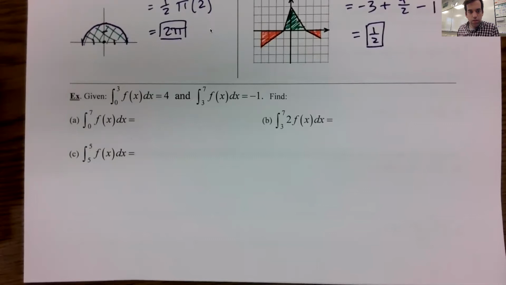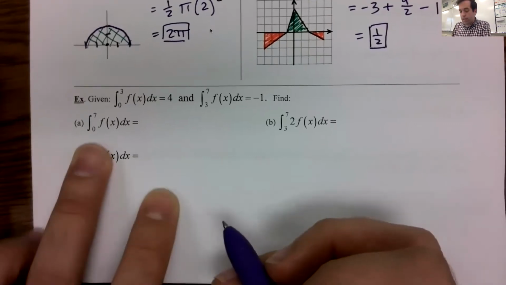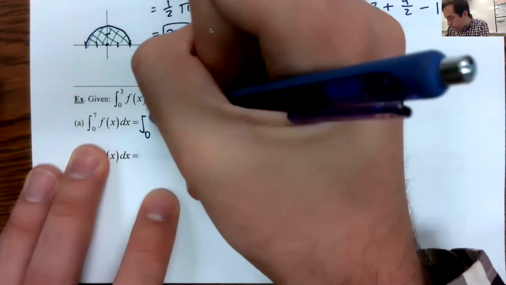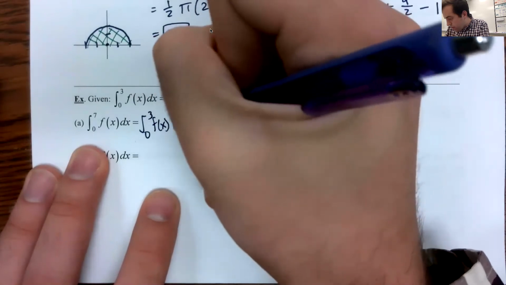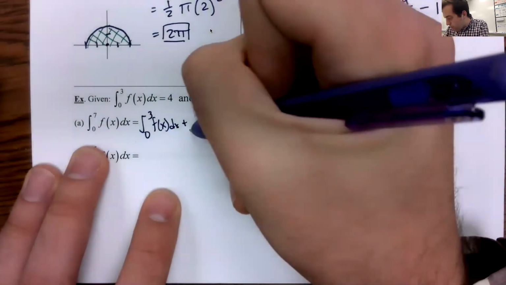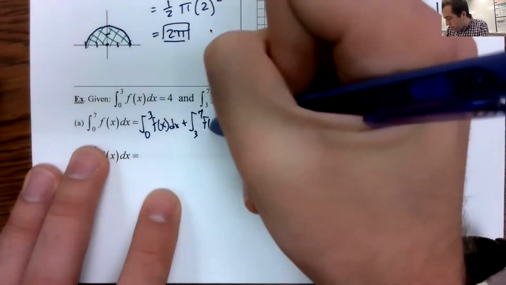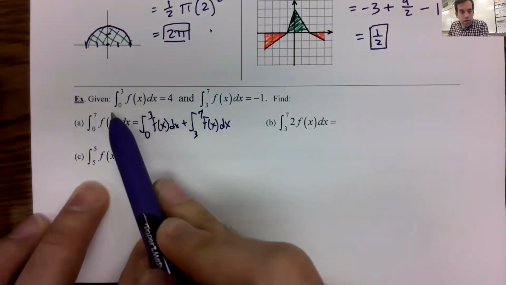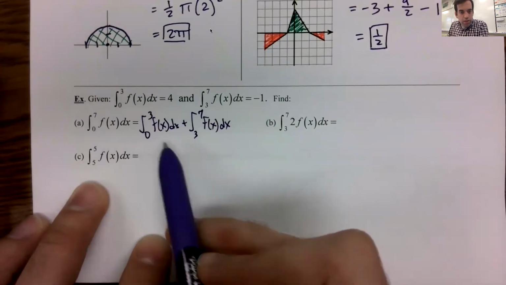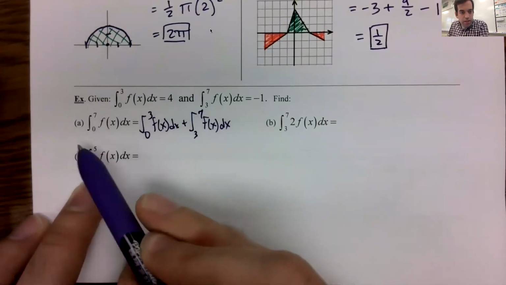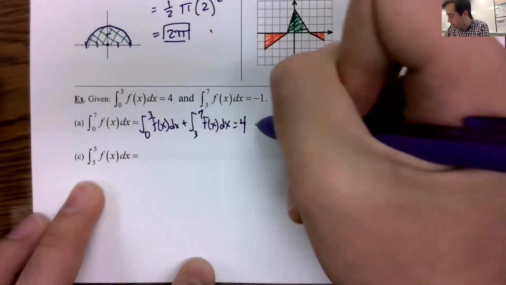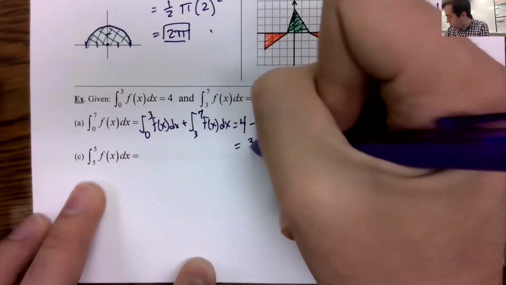The integral from 0 to 7: we can split that up into the integral from 0 to 3 and the integral from 3 to 7. The reason we want to do that is because we know the integral from 0 to 3 and we know the integral from 3 to 7, and combine these and you'll get this. That's a property of integrals. So now we're going to end up with 4 plus -1, or 3.